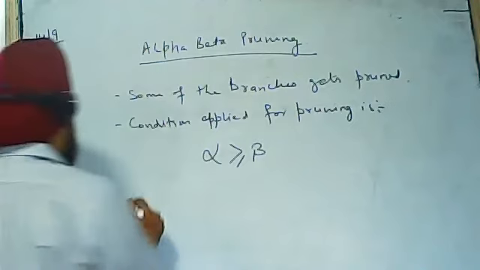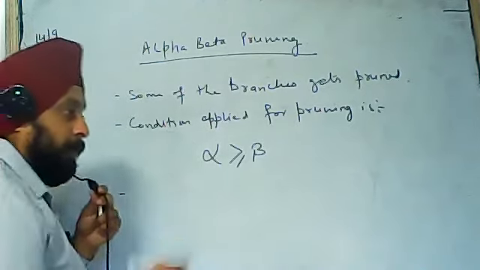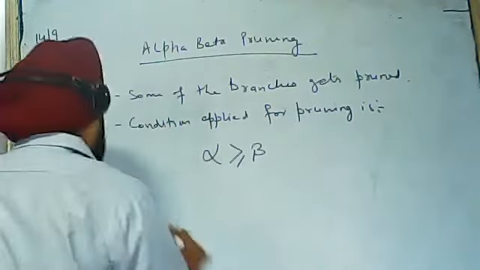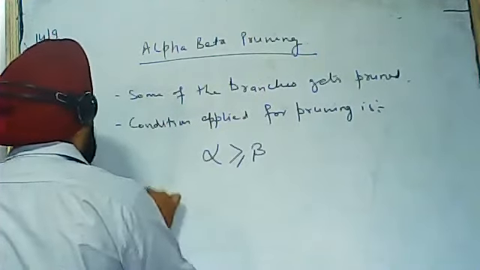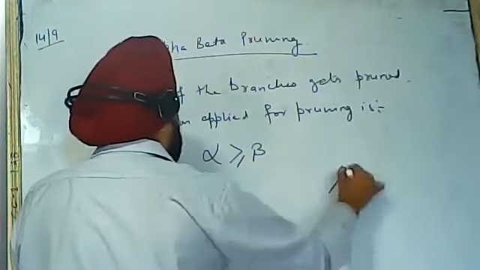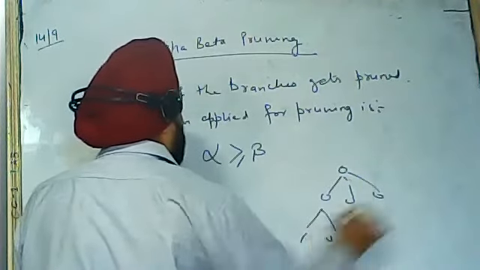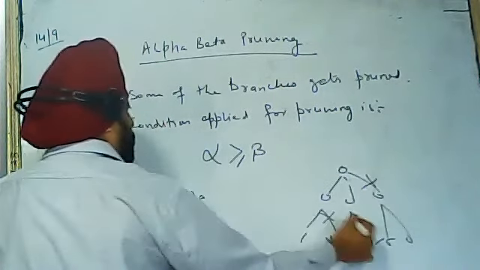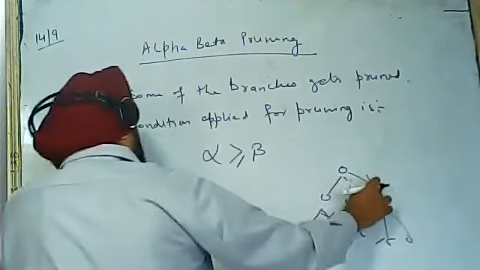Next important thing in alpha beta pruning is, when we solve the tree, we finally have to write how many alpha cuts and beta cuts there were. If any tree is given to you, you solve that tree, you mark pruning, but you have to tell whether this pruning is due to alpha cut or beta cut.